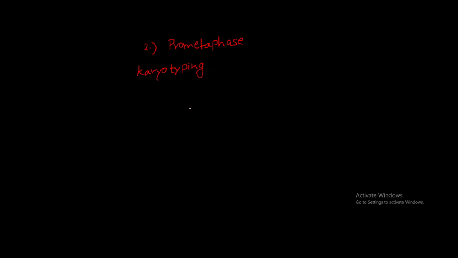In the prometaphase, what happens? You will start seeing the kinetochore. Suppose this is your chromosome, so there will be a hook-like structure, which is the kinetochore. And your centrioles or microtubules organizing center will start moving towards the pole of the cell.